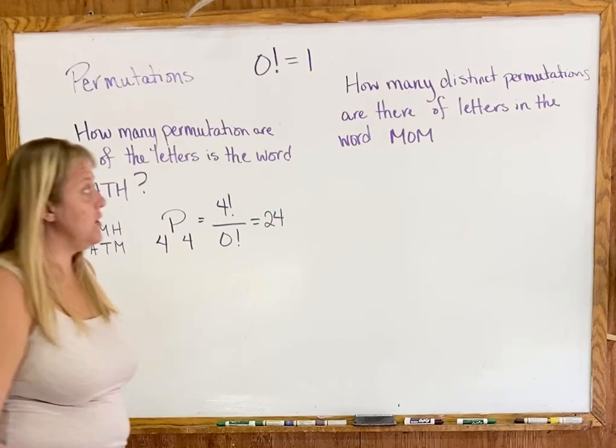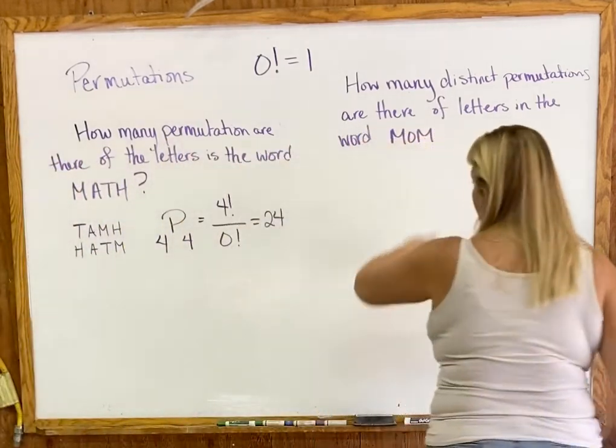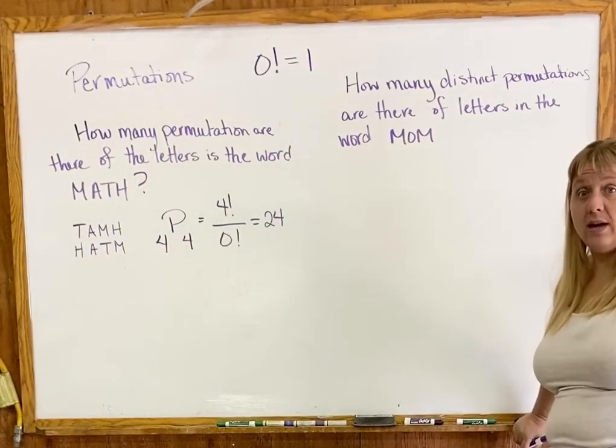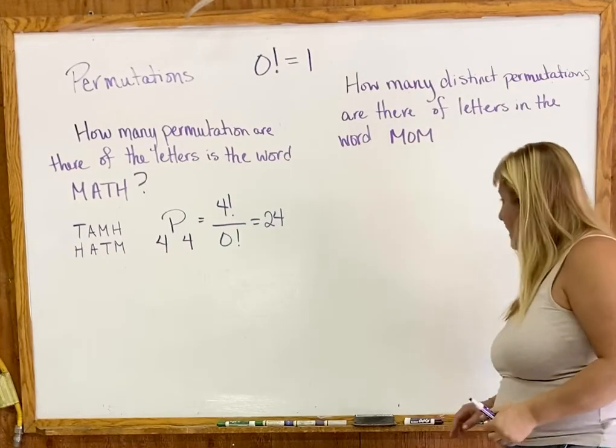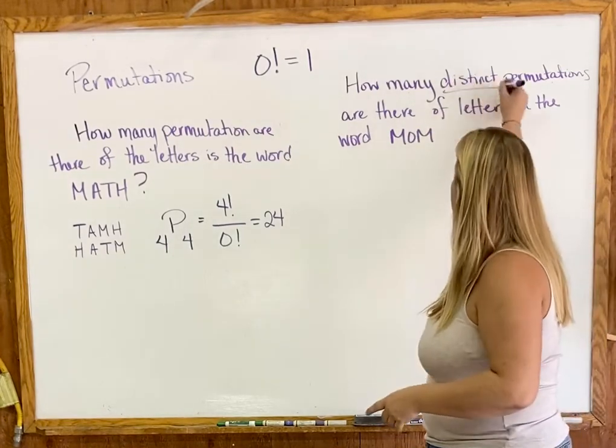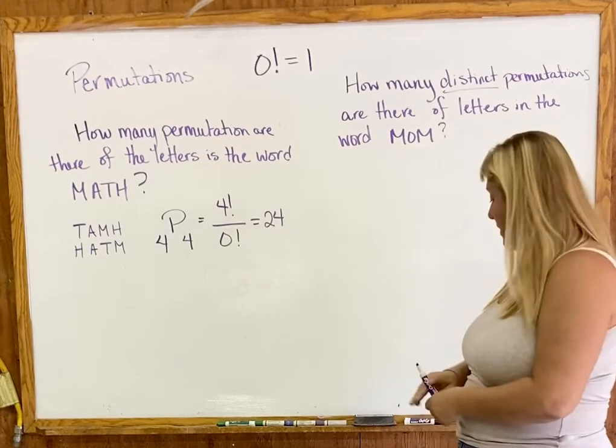Okay. So this time I've got 3 letters and we're going to rearrange them. But the problem here is that this asks us for distinct, and that means that we're going to have a little bit of an issue.